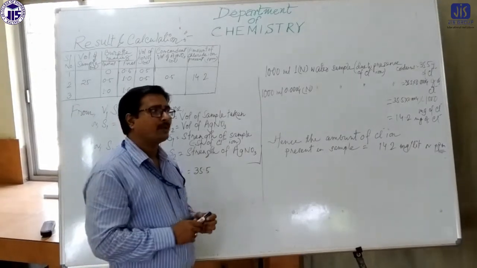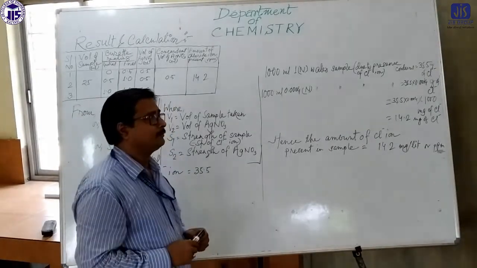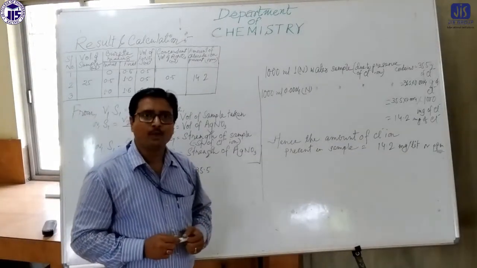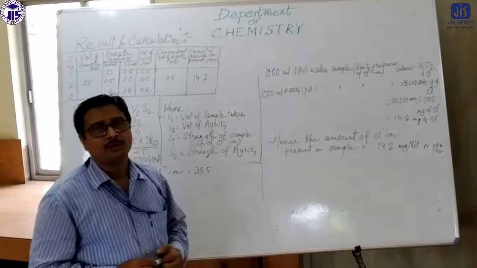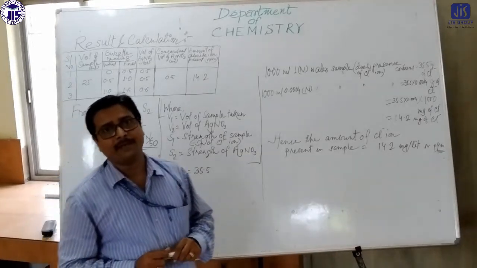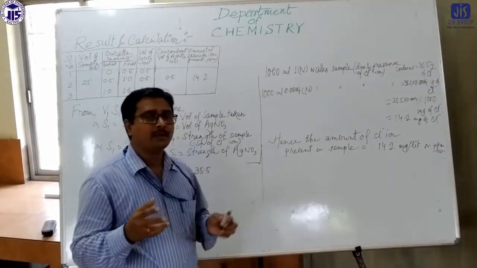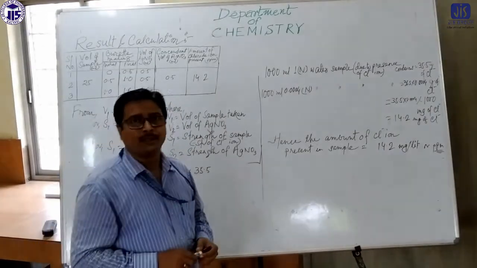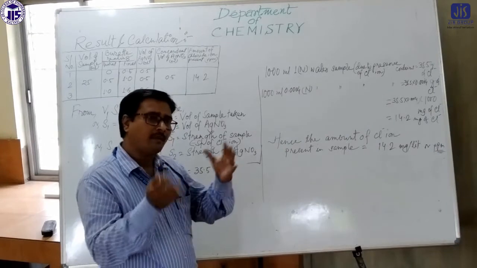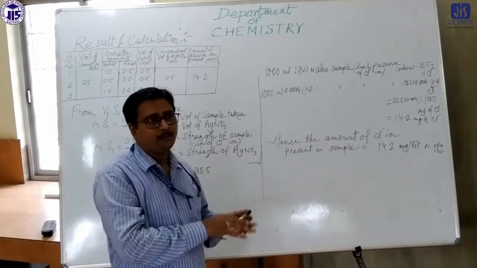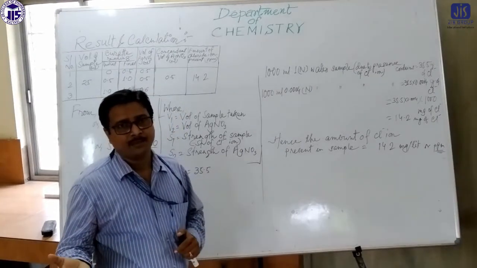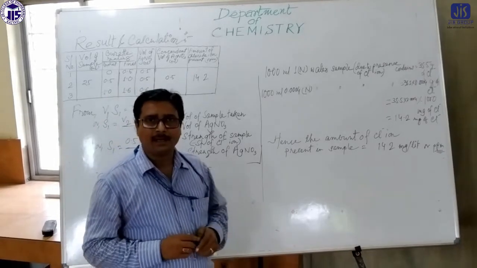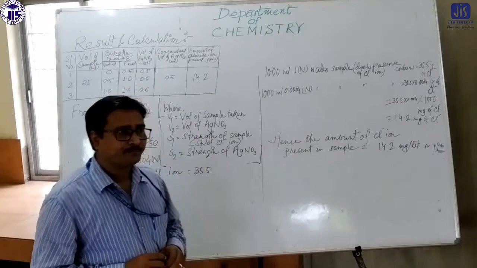What is the answer? I have already told you that the solubility product of silver chloride is less than the solubility product of silver chromate. That means whichever has the higher solubility product will take more time to precipitate. So that's why silver chloride is precipitated out first, and then we get silver chromate precipitation, and that's why we get the brick red color.